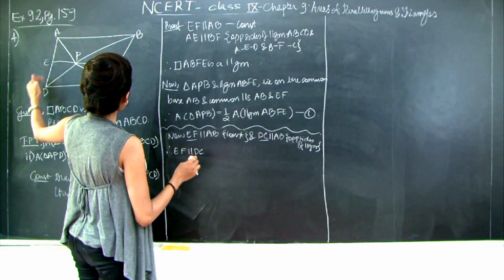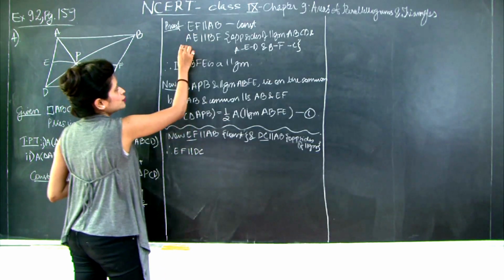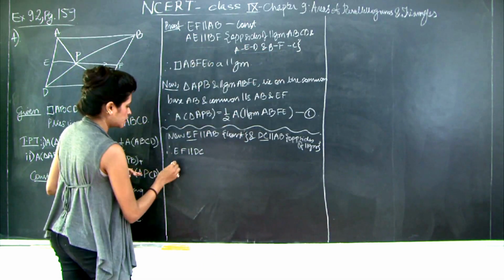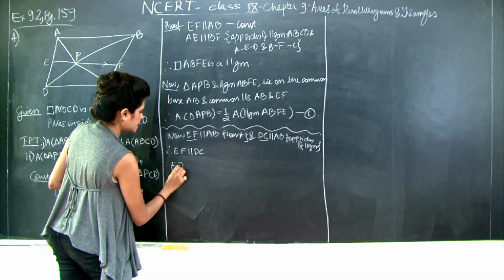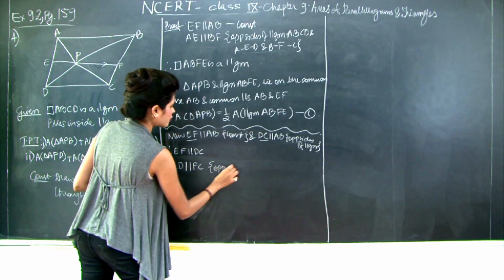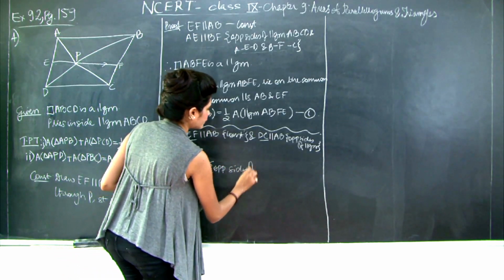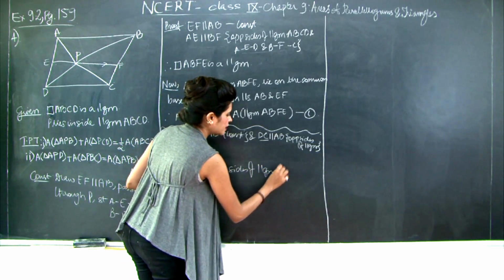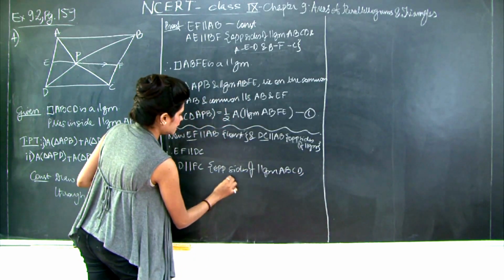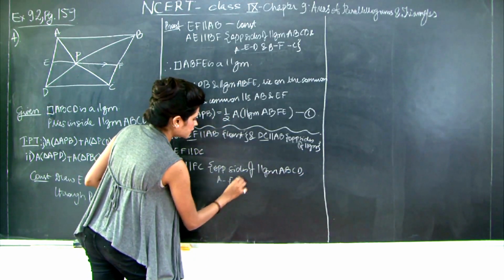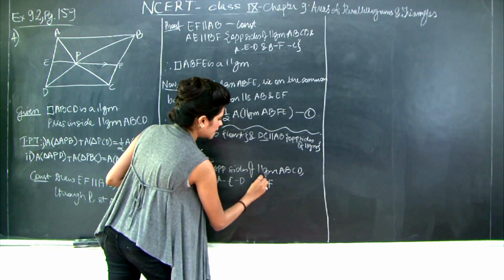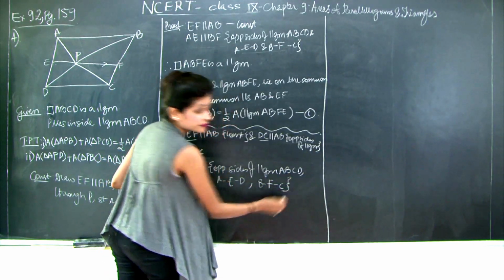Also, we need to prove that ED is parallel to FC. So, we are going to prove that ED is parallel to FC using the same concept that we used here. So, I will say ED is parallel to FC. Why? Because opposite sides of your actual parallelogram ABCD, and also because you have E lying between A and D and F lying between B and C, right?